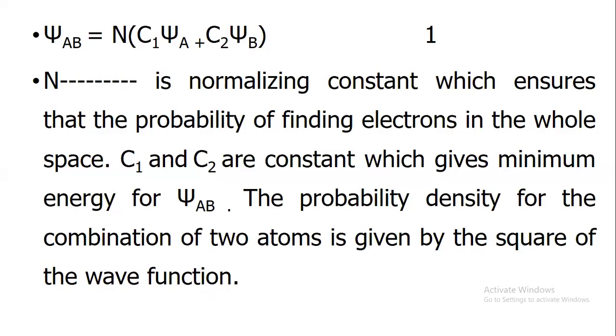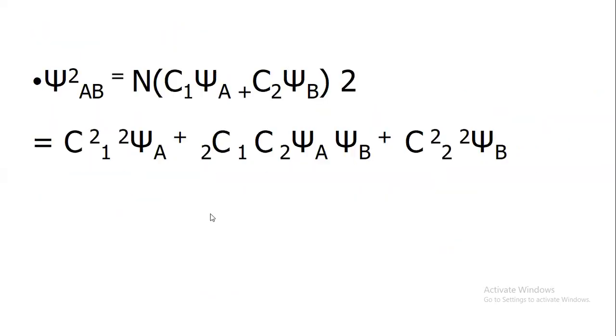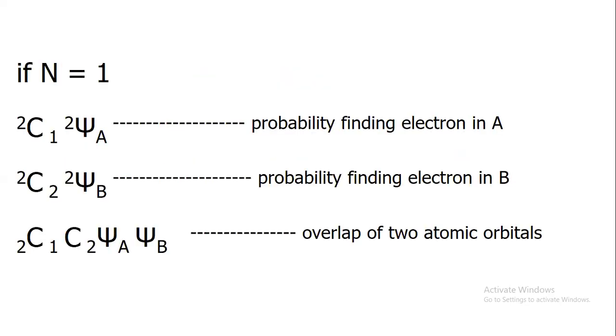The probability density for the combination of two atoms is given by the square of the wave function. So psi square AB equals N times C1 psi A plus C2 psi B, all squared. So C1 square psi A square plus 2 C1 C2 psi A psi B plus C2 square psi B square.